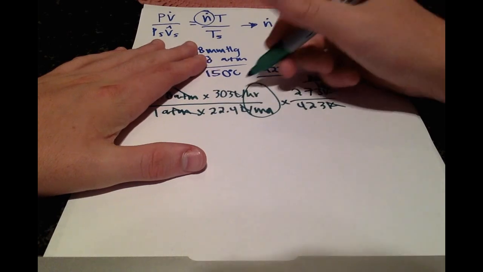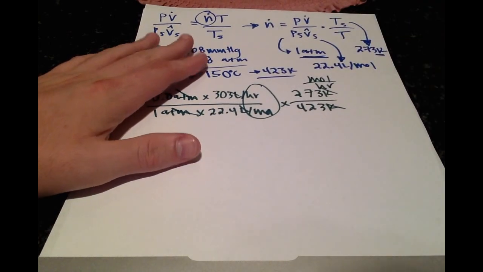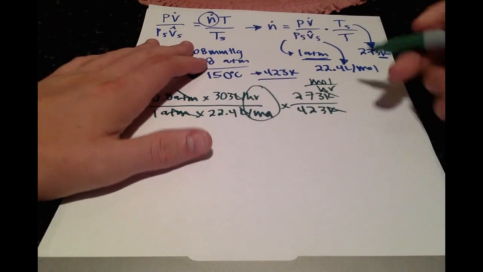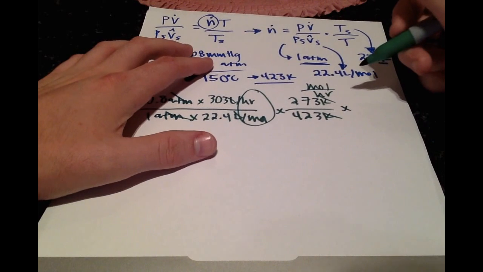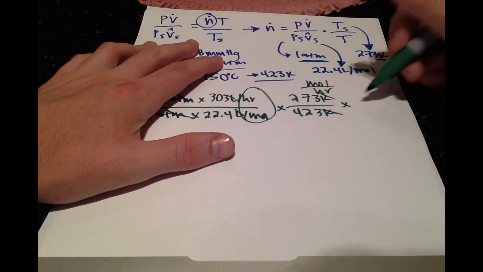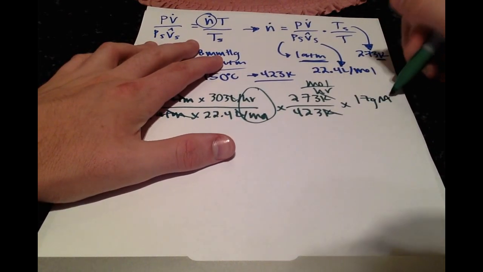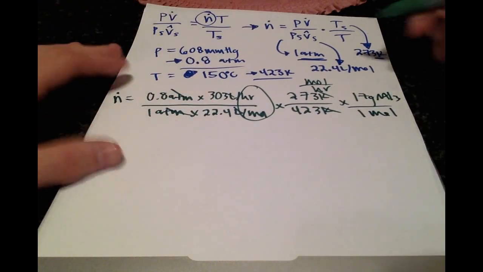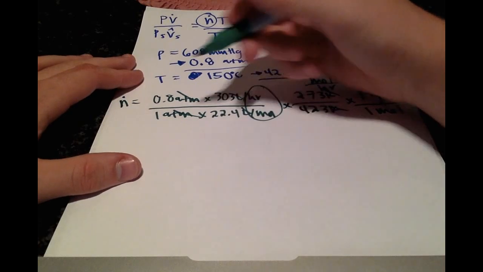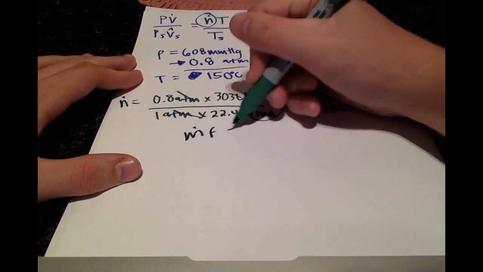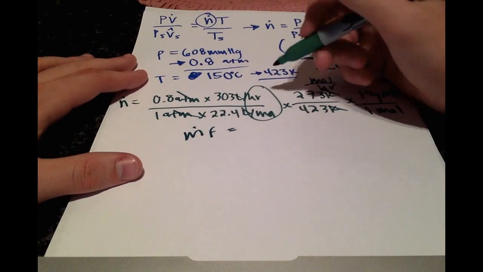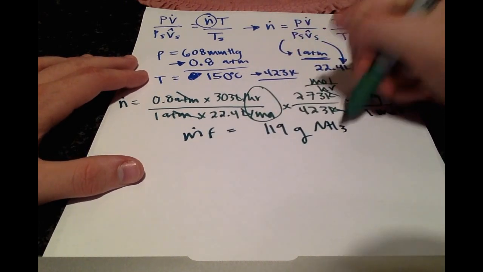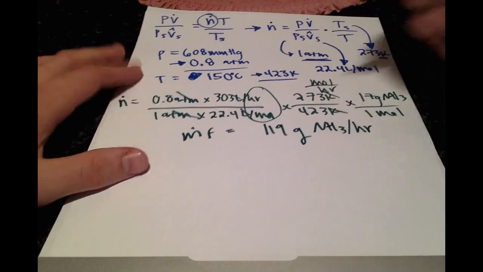To get that into our mass flow rate of grams per hour, we need one last conversion: 17 grams of NH3 for every 1 mole. Doing the calculations, we get our final mass flow rate to be 119 grams of NH3 per hour.